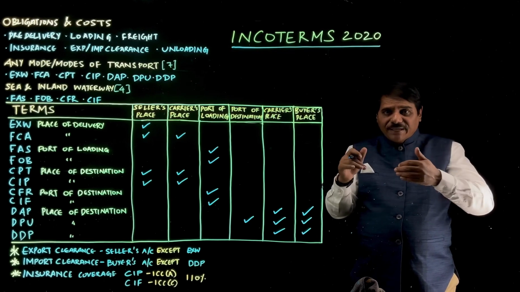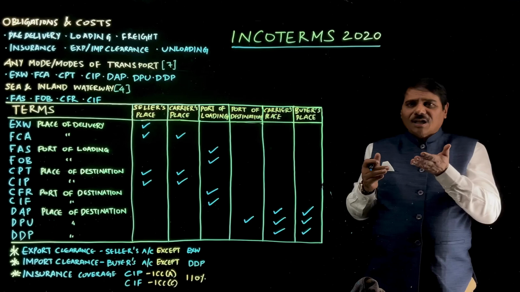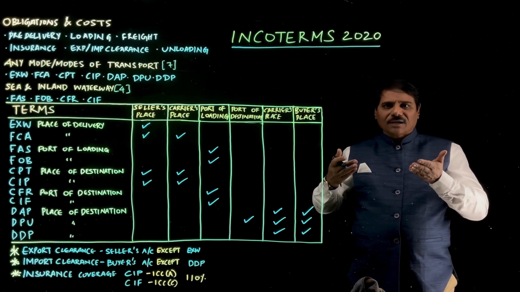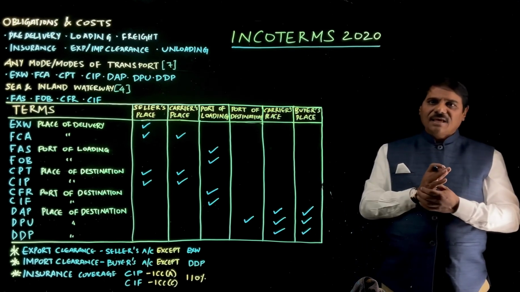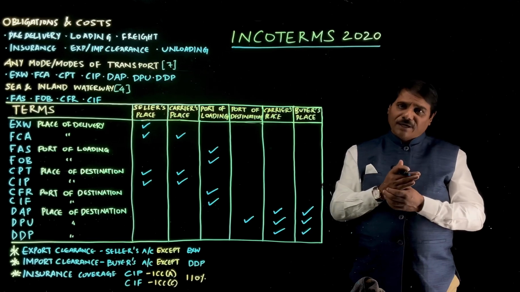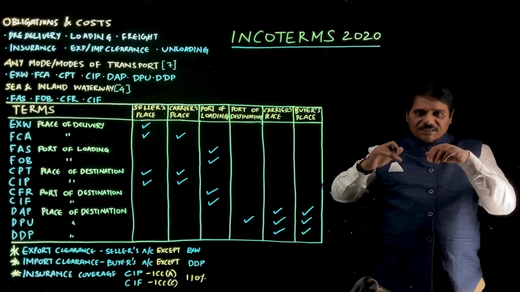Suppose if it is a CPT, then you cannot supply for $10 per metric ton because you are incurring additional cost, transportation charges. Seller is paying in case of CPT transportation charges up to Dubai. So you have to add those transportation charges to the price. So price will increase.